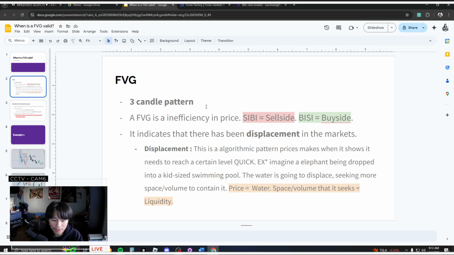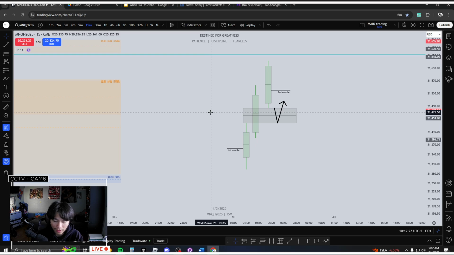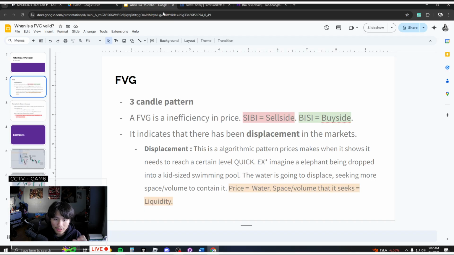And what does that inefficiency tell us? It indicates that there's been some sort of displacement, some sort of willingness in the markets to reach a specific level. So I always associate fair value gaps with displacement. Imagine displacement as a scenario where an elephant is being dropped into a kid-sized pool.